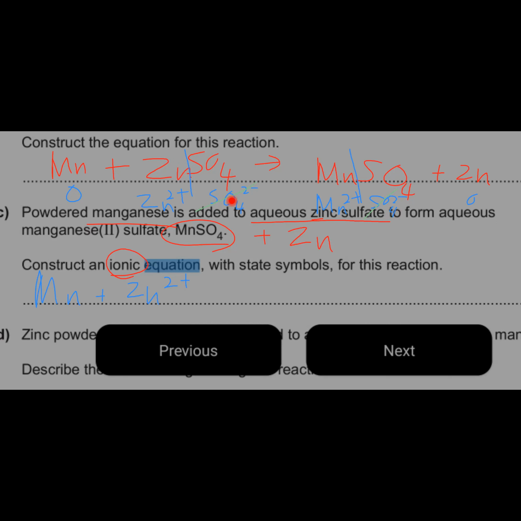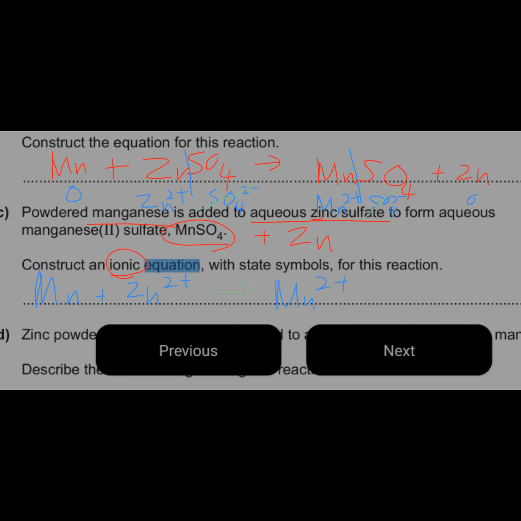So they are spectator ions and can be omitted. We need to write the ones that actually reacted, the ones that actually did something in the reaction. So the ionic equation means that: manganese and zinc 2+ gives zinc and manganese 2+. That's it.